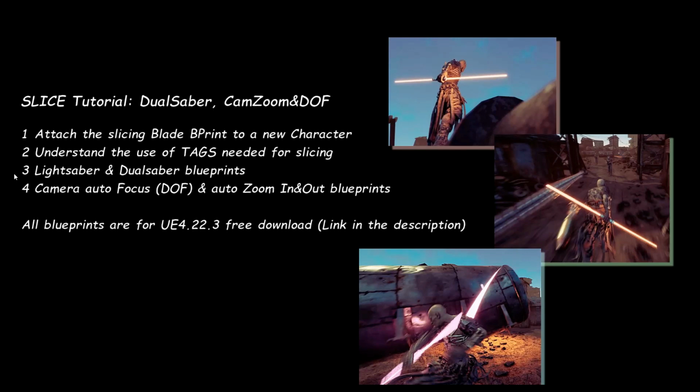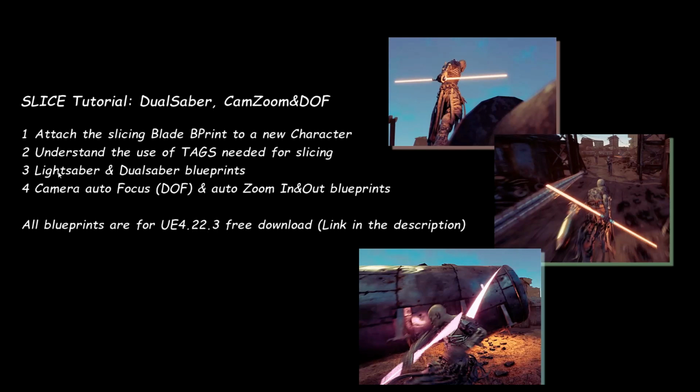Then in the third step, we will see the Lightsaber and DualSaber blueprints. These are free blueprints. You find the link in the description. You can download the folder and copy it into the content folder of the project. Remember that I'm using Unreal Engine 4.22.3, so these blueprints will work with this version of the Unreal Engine, the latest one.